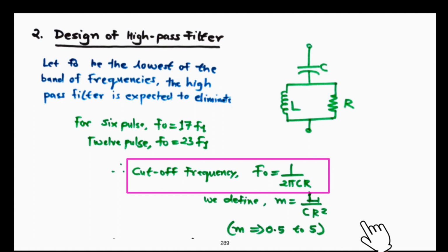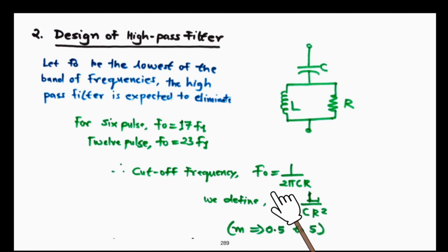Then for designing the filter, the relationship between various parameters of the circuit is defined by a factor m, small m equal to L upon CR square.